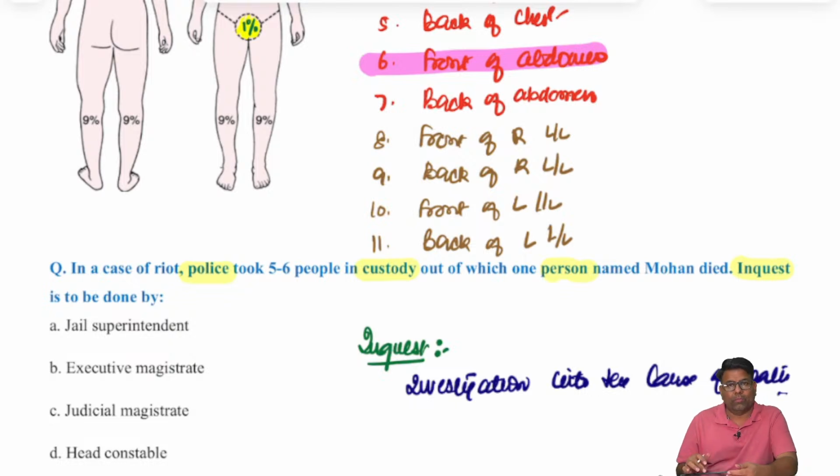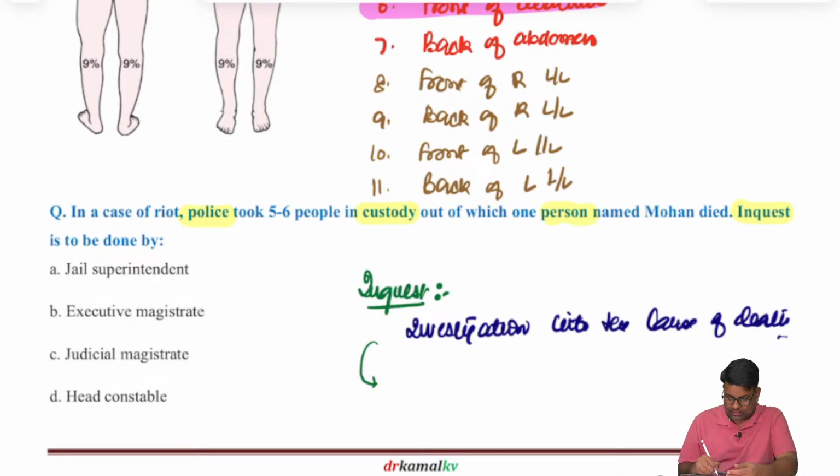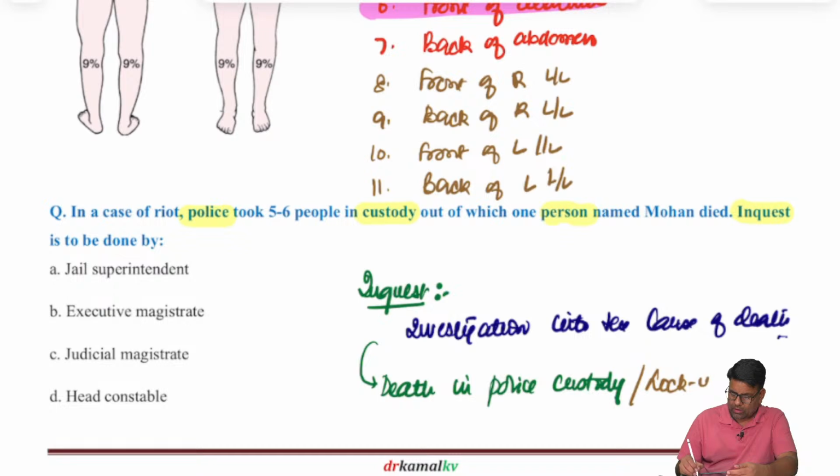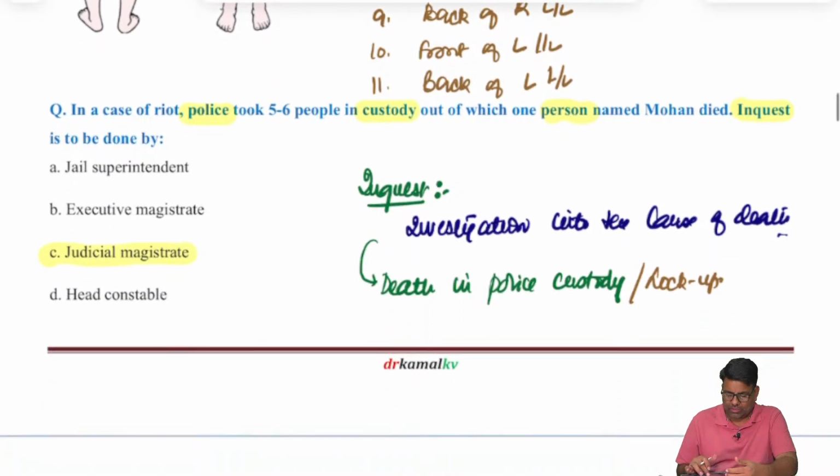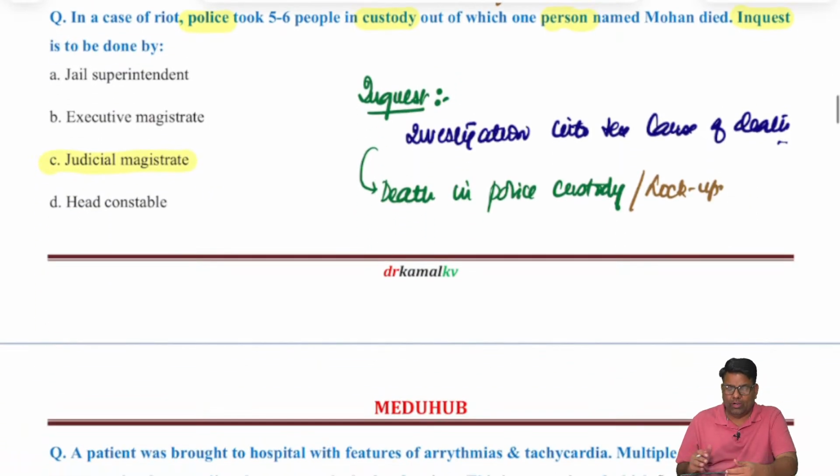Usually it is done by police, but if there is death in police custody, or at times you might have the word lockup, then the judicial magistrate will take up the charge of doing inquest, right? So in case of police custody, it is the judicial magistrate. Even in case of dowry death, the judicial magistrate will do the inquest.